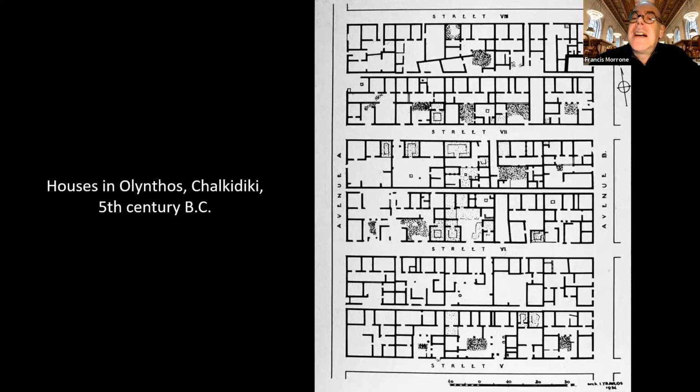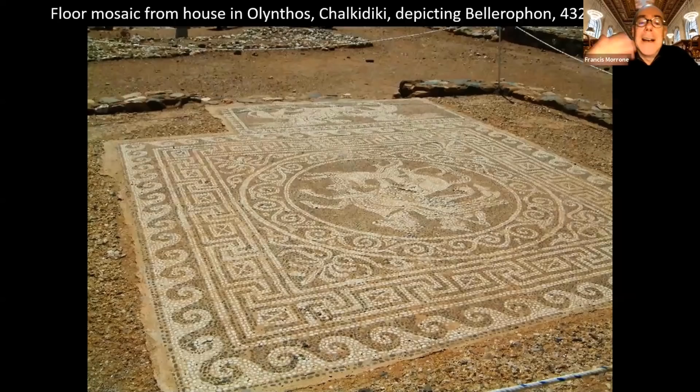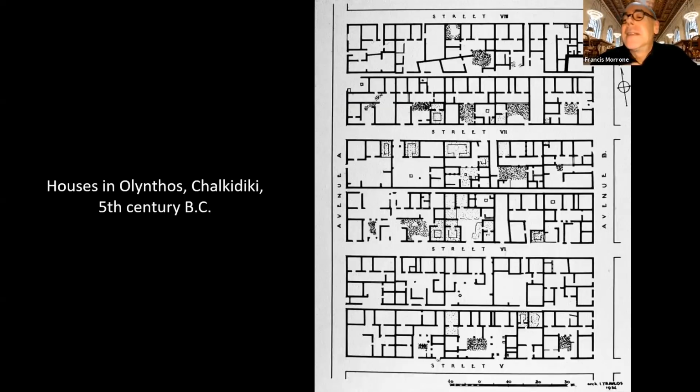Here we see the houses, and archaeologists have been able, through a study of building foundations in Olynthos, to reconstruct the whole pattern of houses and streets of ancient Olynthos, which is pretty fantastic.